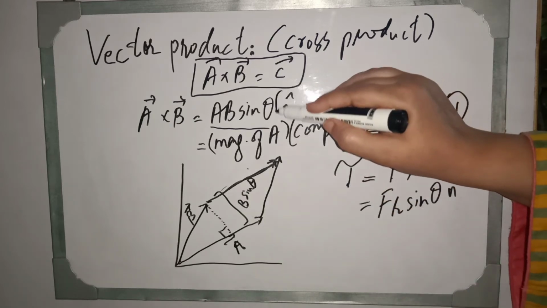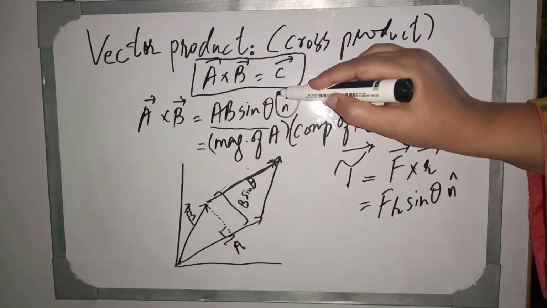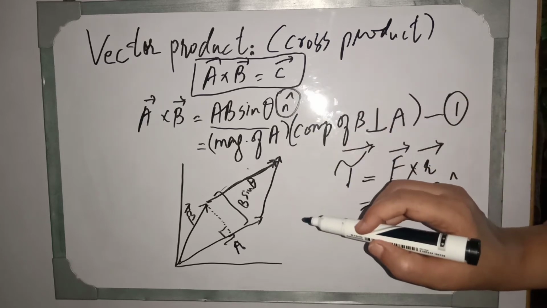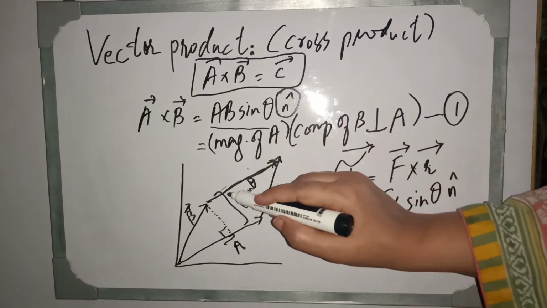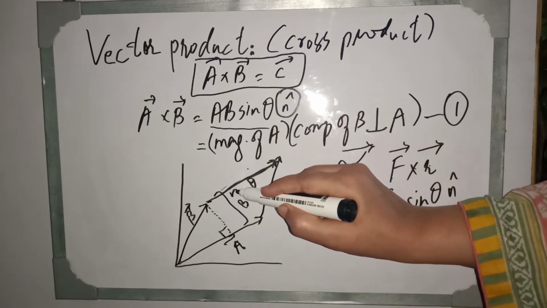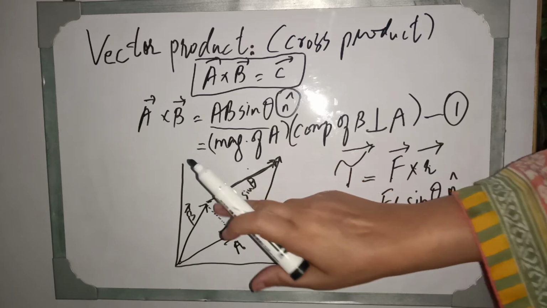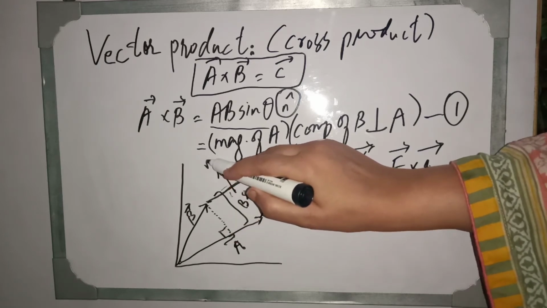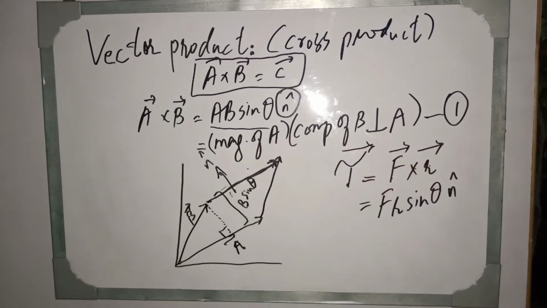The magnitude AB sine theta gives the area of the plane determined by the two vectors A and B, and the unit vector n gives the direction of the area of the plane. Here in this case it is out of the page, so this arrow shows the direction of n because it is out of the page. So this is its unit vector n.